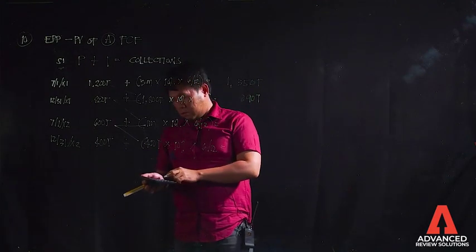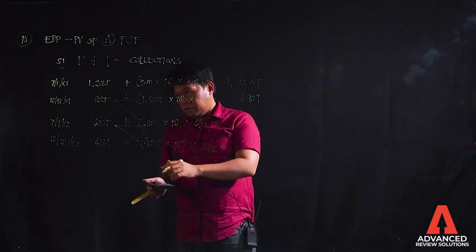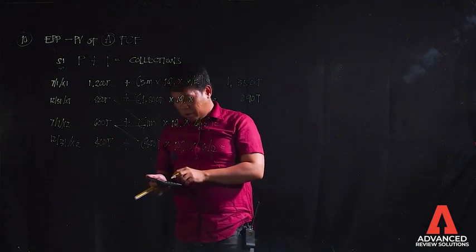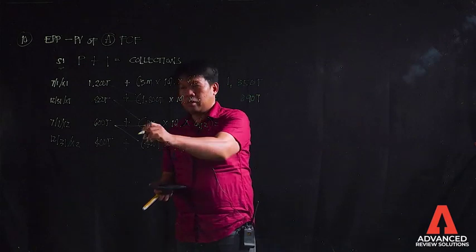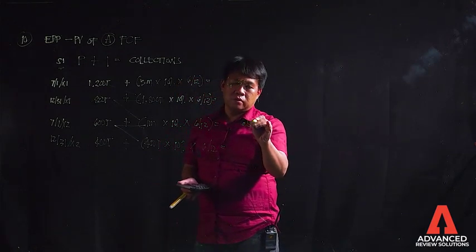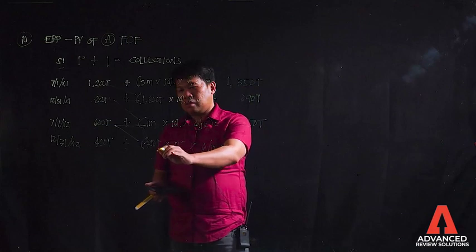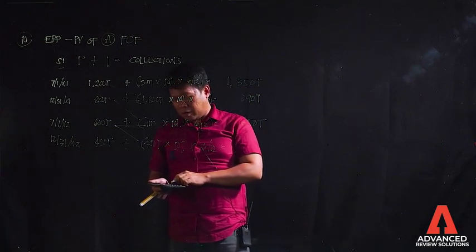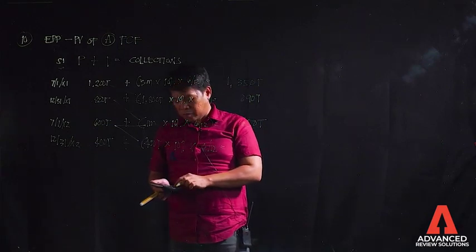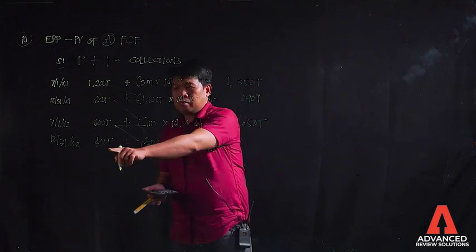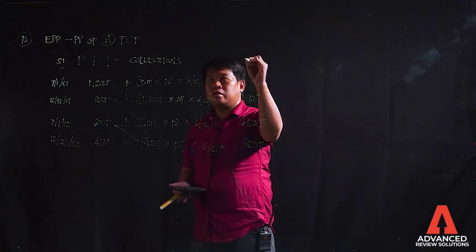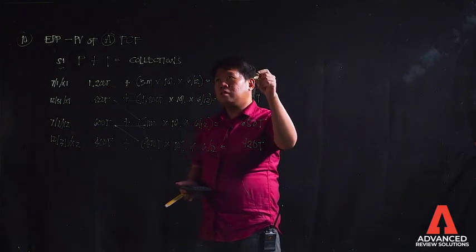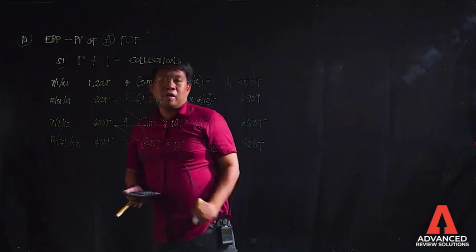While on July 1, 20X2, this is 1 million times 10% times 6/12. So this is 50,000. So this is 650,000. Okay? This is 400,000 times 10% times 6/12. So this is 20,000 plus 400,000. This is 420,000. These are the collections.